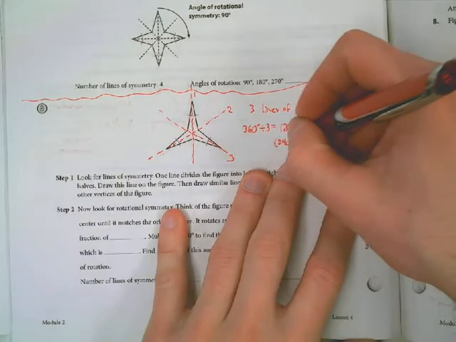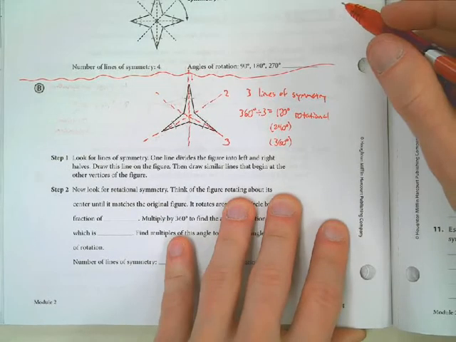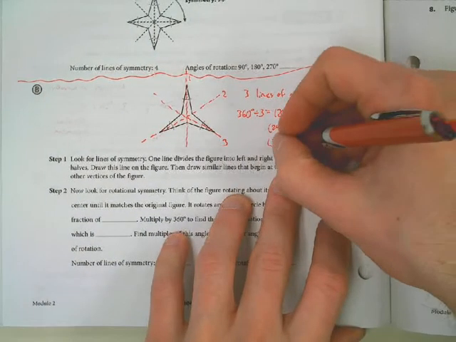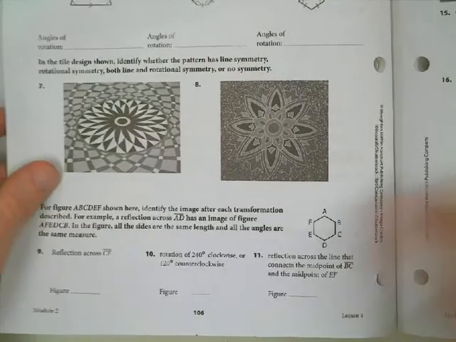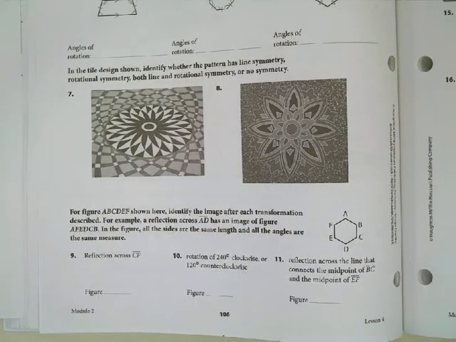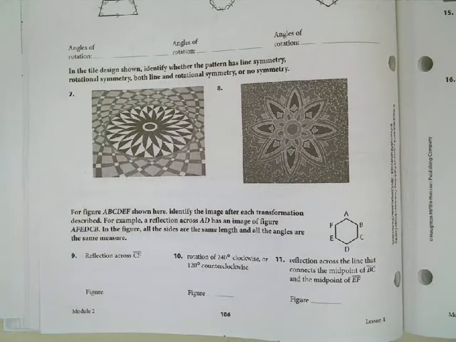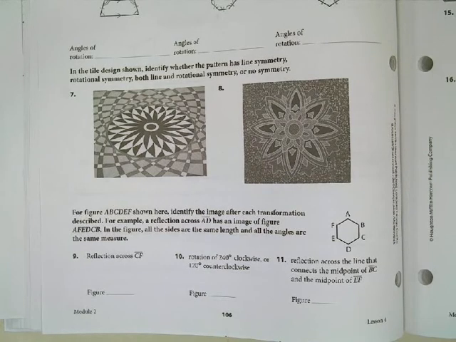So let me give you guys your assignment then. Okay, you have about 15 minutes to work on it here. Your assignment starts on page 106. 120 degrees. It's 360.